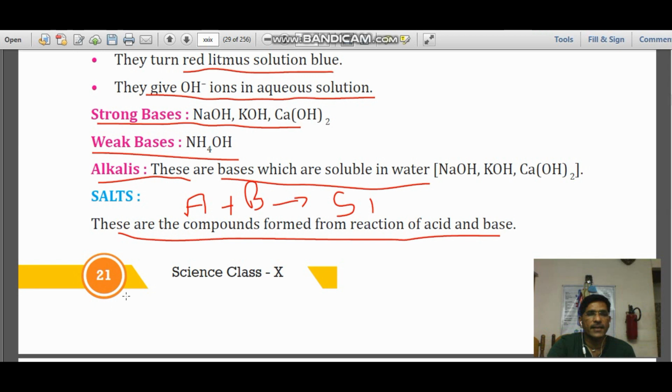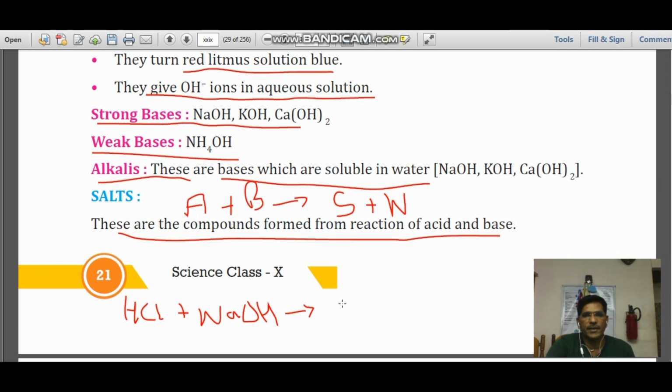HCl is an acid, and NaOH is a base. HCl plus NaOH gives salt plus water.